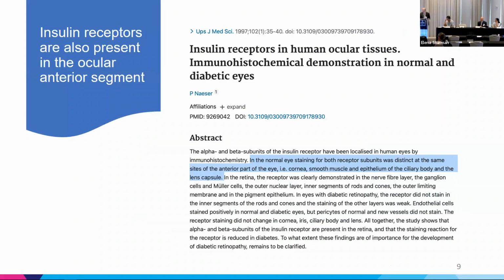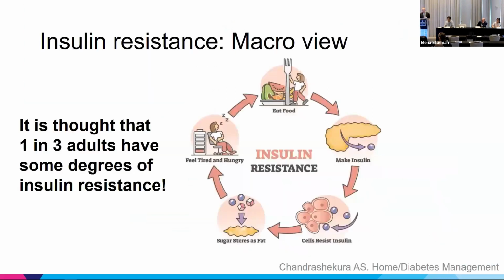Insulin receptors, I just showed you, are basically diffusely located throughout the posterior segment of the eye, but they're also located in the anterior segment of the eye as well, in the cornea, in the ciliary body epithelium, in the lens capsule. So insulin receptors are located throughout the eye, so they must be playing an important role in ocular processes in general and in glaucoma in particular.